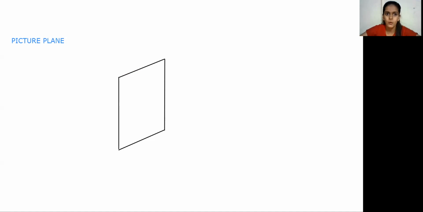Sometimes it may be behind the object, like this. Sometimes it may be ahead of the object. Sometimes the object may touch the picture plane, right?